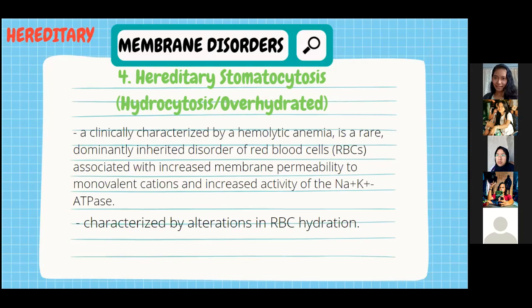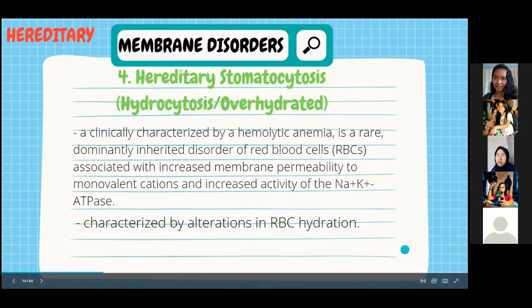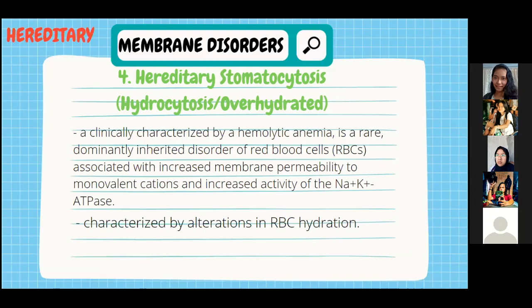It is a rare, dominantly inherited disorder of RBCs associated with increased membrane permeability to monovalent cations and increased activity of sodium-potassium ATPase. When we say monovalent cations, the permeability is relative to potassium.